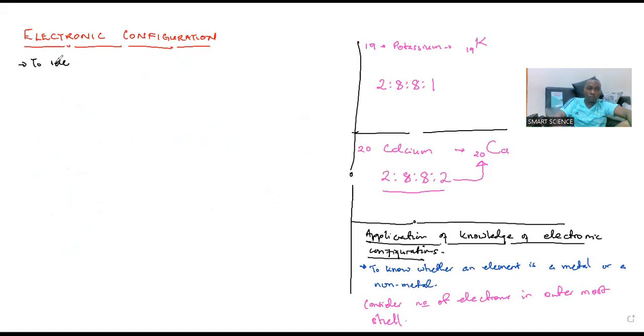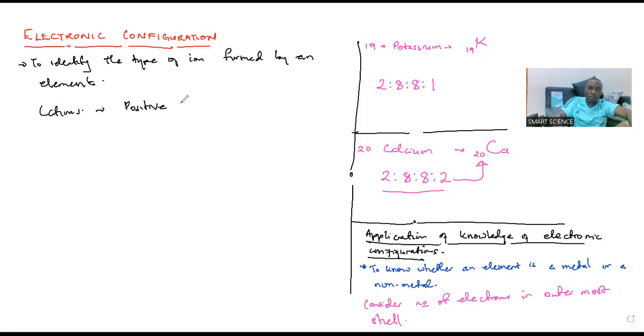To identify the type of ion formed by an element: cations, these are positive ions, and they are only formed by metals.